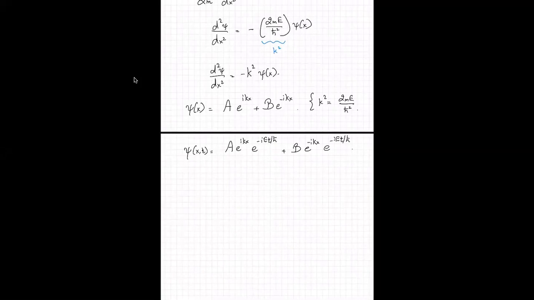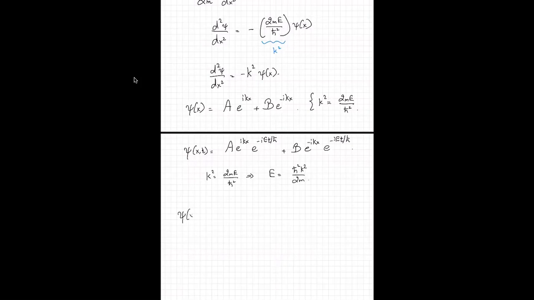Okay. Now since k squared is 2mE over h bar squared, I can rewrite this to write E in terms of k, so I don't have two different variables. I have only one variable k, and E is equal to h bar squared k squared over 2m.